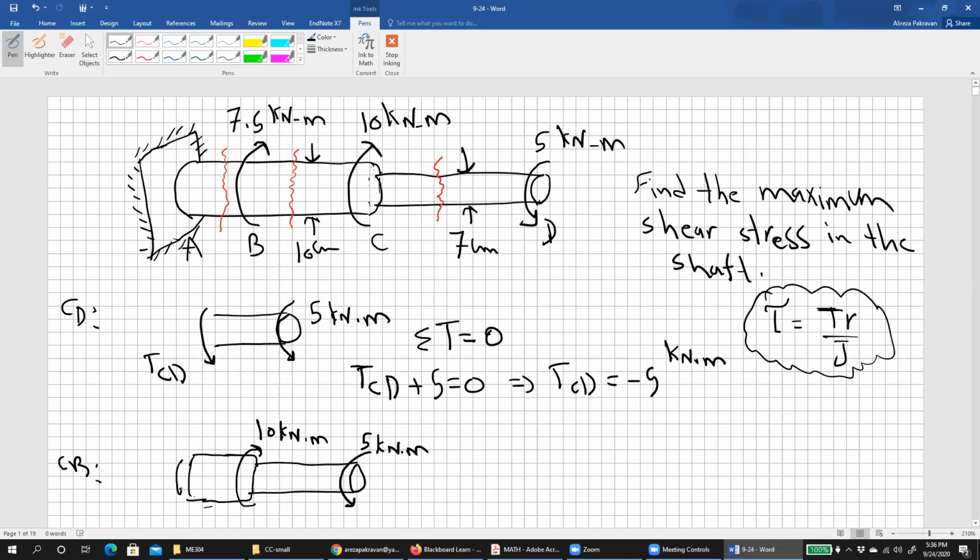And then let's denote this one, for example, TCB. If we put the summation of the torque equals 0, it would be TBC. Look at this, the 10 is in the opposite direction, right? Let's write -10 and +5.